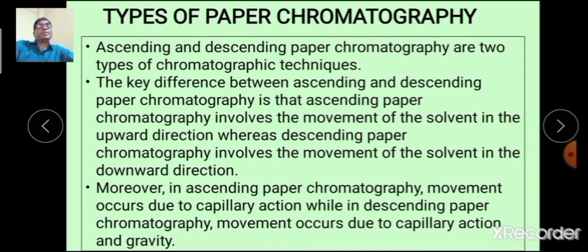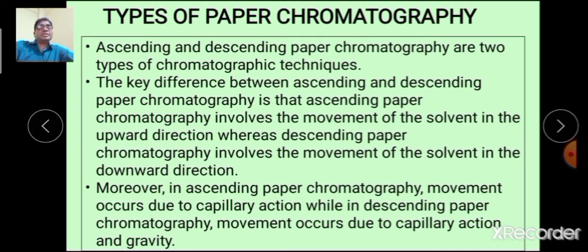Now types of paper chromatography: there are two types. The first one is ascending paper chromatography and the second one is descending paper chromatography. Ascending means the solvent rises in the upward direction, while in descending paper chromatography the flow of the solvent is in the downward direction.